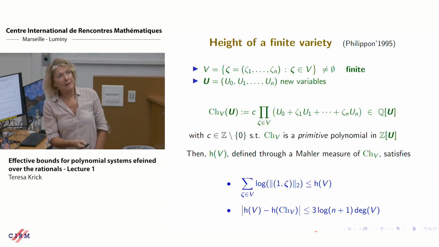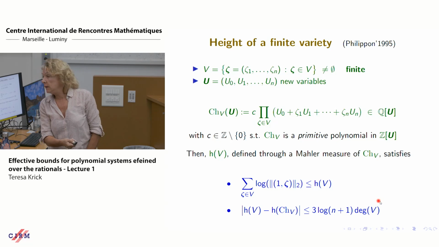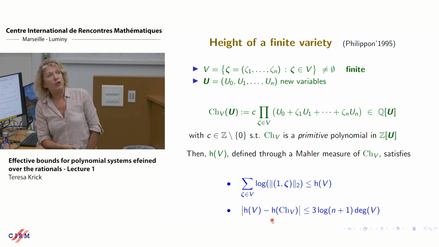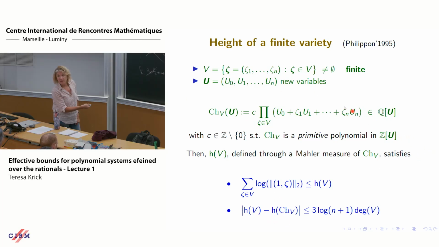And the other thing is, this is a kind of difficult definition because it uses a suitable integral using the Chow form of V, but there is a relation between the height of the variety and the height of the polynomial that I can measure, because this is an integer polynomial. So this relation will also be helpful.